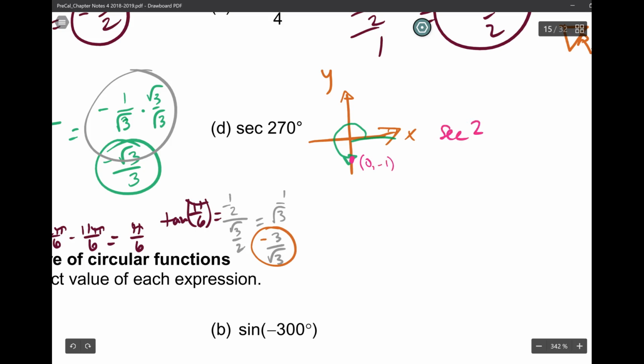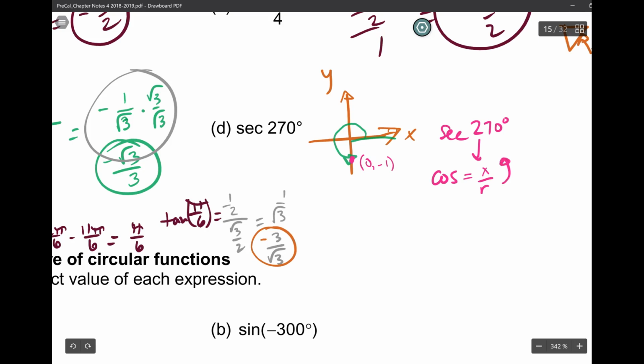Secant of 270. If I look at the inverse, the inverse of secant is cosine. So cosine is going to be my X value. It's literally cosine is X over R, and of course, my R is 1.